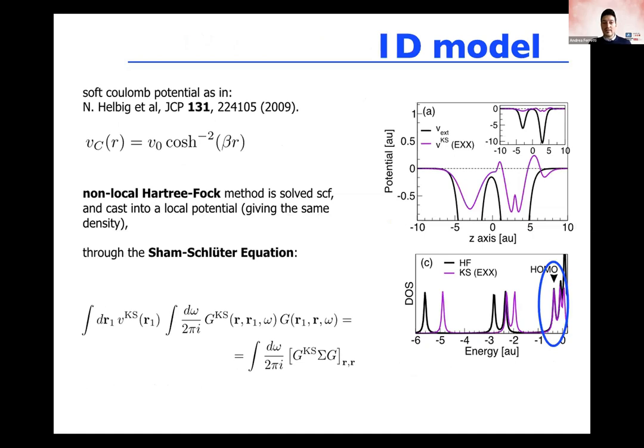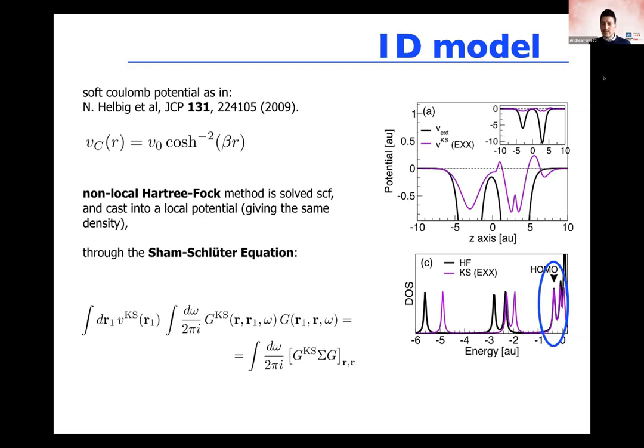So let me now play a bit with these ideas, more in particular before closing. And here I'm taking one-dimensional interacting models treated with soft Coulomb potentials, and this is a double well model, and we are basically solving the Hartree-Fock method that is non-local, and then we use the Sham-Schlüter equation to compute the corresponding Kohn-Sham potential that in this formulation, okay, when fully linearized, is known as exact exchange, but whether it's fully linearized or not here doesn't change much.